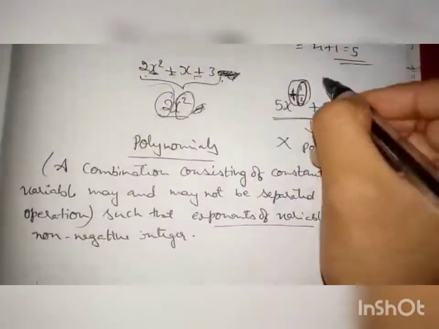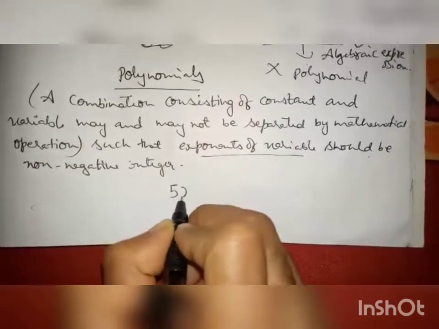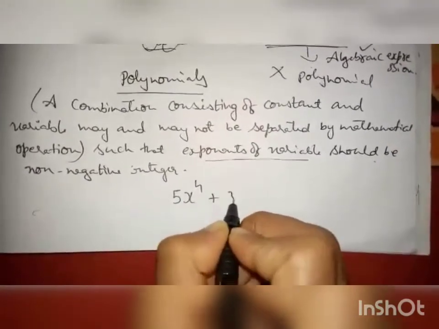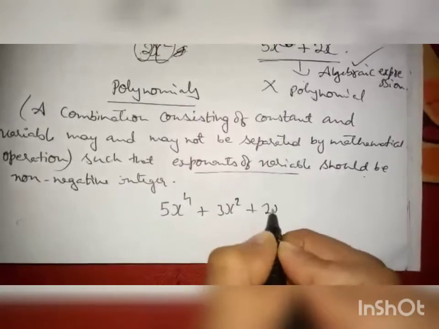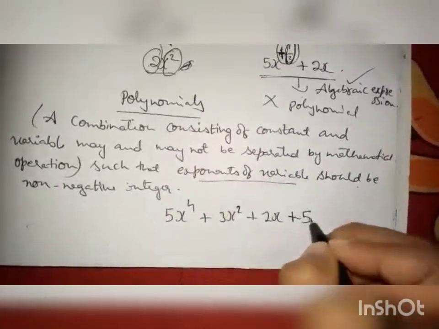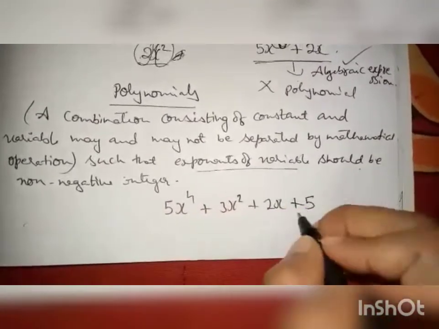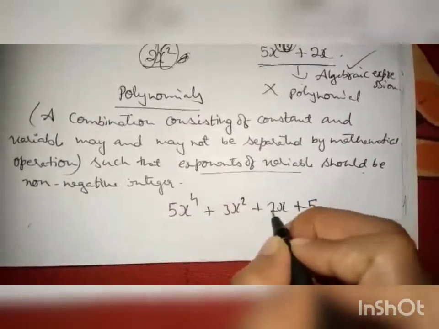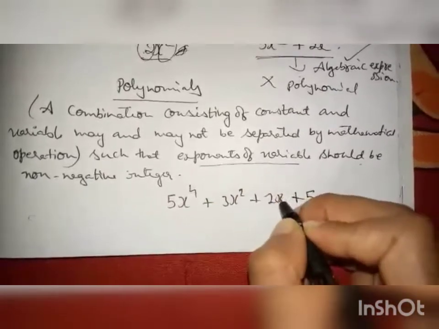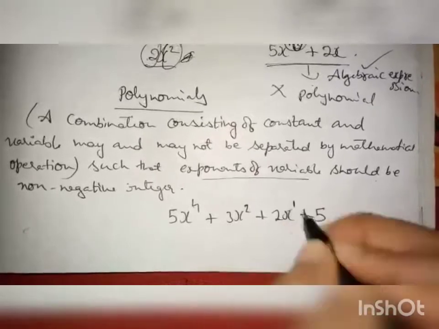So if you have one more example, 5x power 4, 3x square plus 2x plus 5. Here 2x has power square, and where nothing is written, it is understood to be 1.